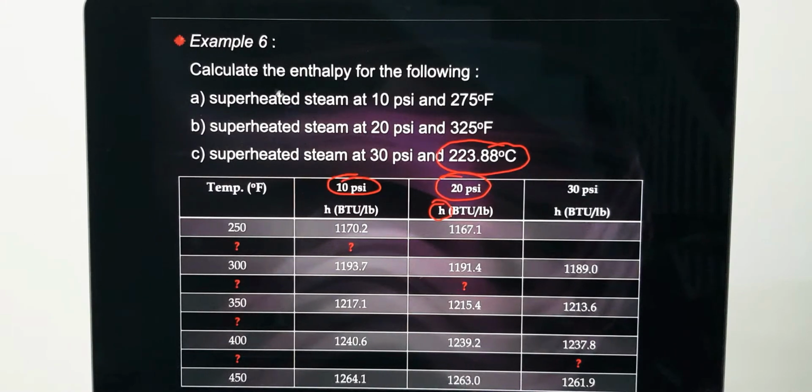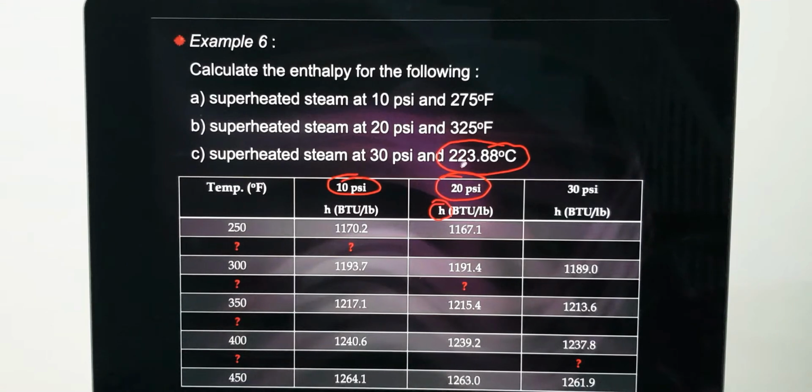Okay, and then for the third one, this is 30 psi and the temperature is 223.88. You need to find this temperature in degrees Fahrenheit first. Then you will be able to extract the information from the superheated steam table.